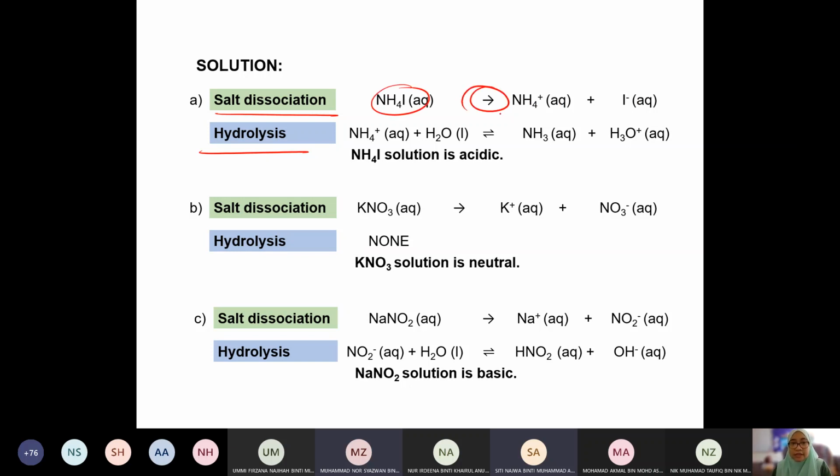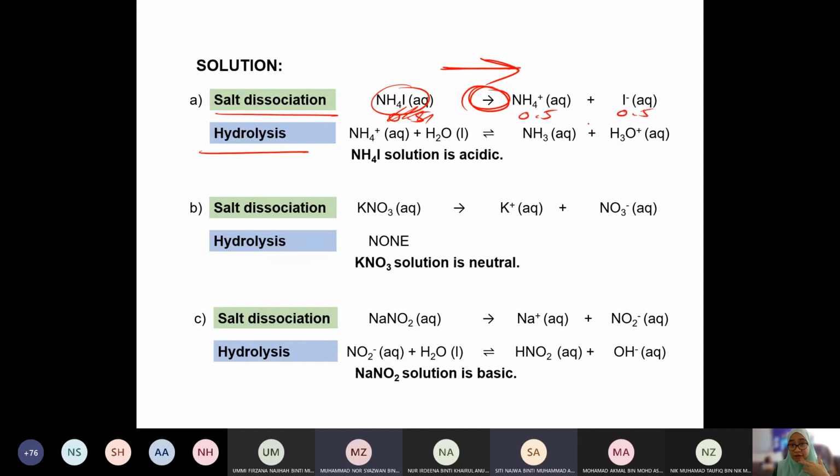Remember this one, guys: it should be one way only, forward direction only. That means when you do the calculation, if initially we have 0.5 molar, this one will be totally consumed and this will become 0.5 and 0.5.